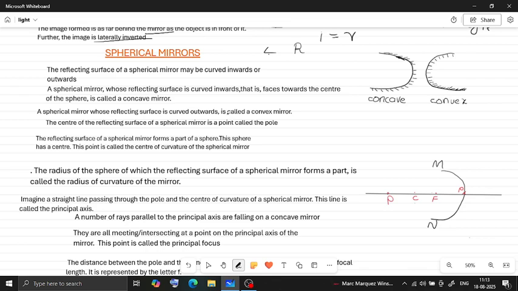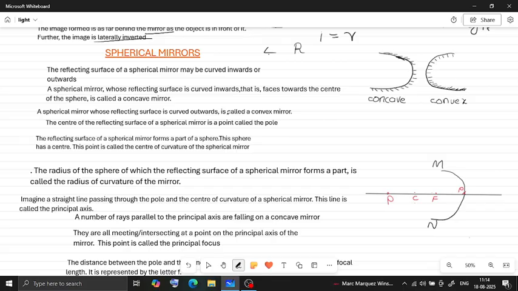If we take a spoon and look into it, we can say that the surface will be curved inward. So if the reflecting surface is curved inward or outward, we call it a spherical mirror.